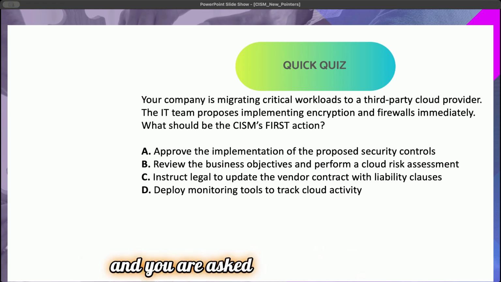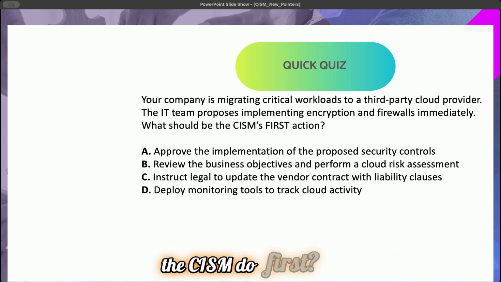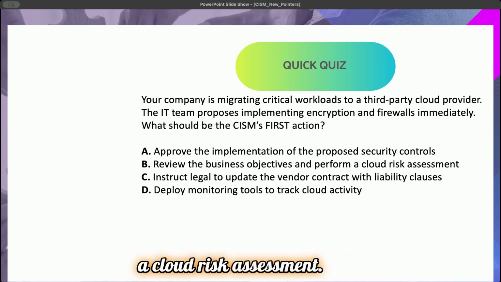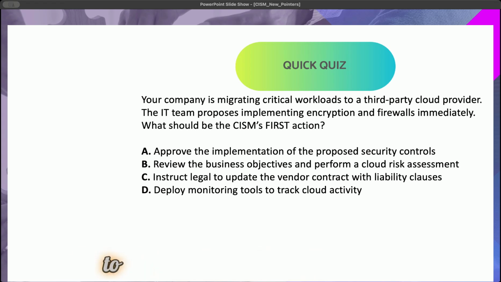And you are asked, what should the CISM do first? Now, the CISM mindset calls us to have risk based decision making. The options given are: approve the implementation of the proposed security controls; review the business objectives and perform a cloud risk assessment; instruct the legal team to update the vendor contract with a liability clause; deploy monitoring tools to track cloud activity.